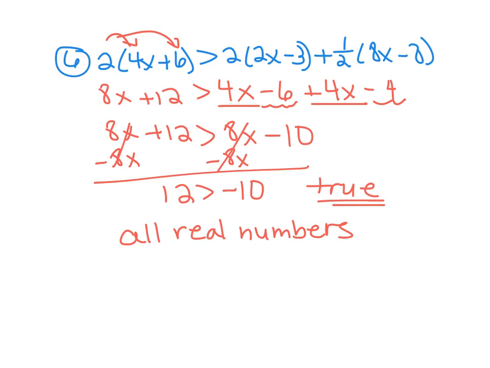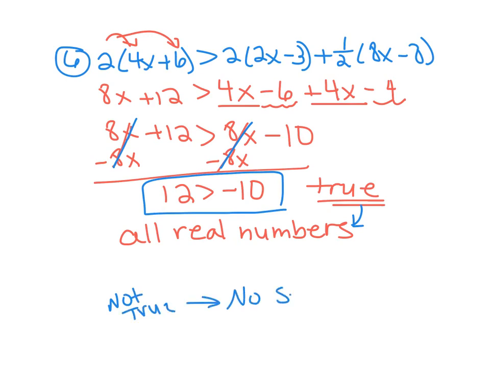It's either no solution if it's not true, or all real numbers if the statement is true. Okay, so you need to be careful with these. It's slightly different, but if the variables are gone, you've got to read your answer and decide. True statement, all real numbers. If it is not true, that's when it would be a no solution.